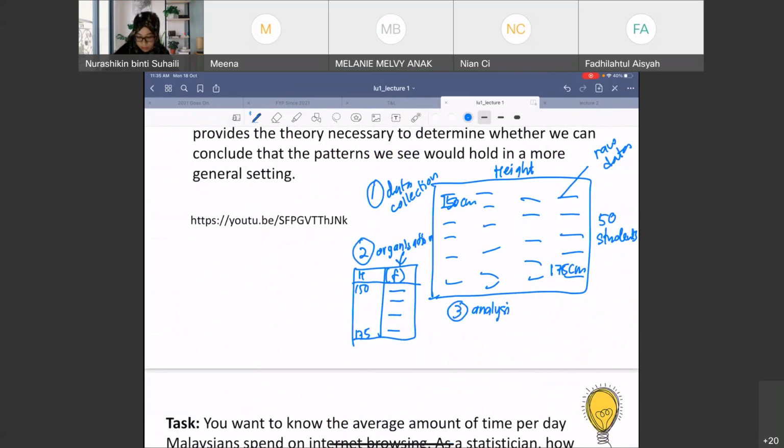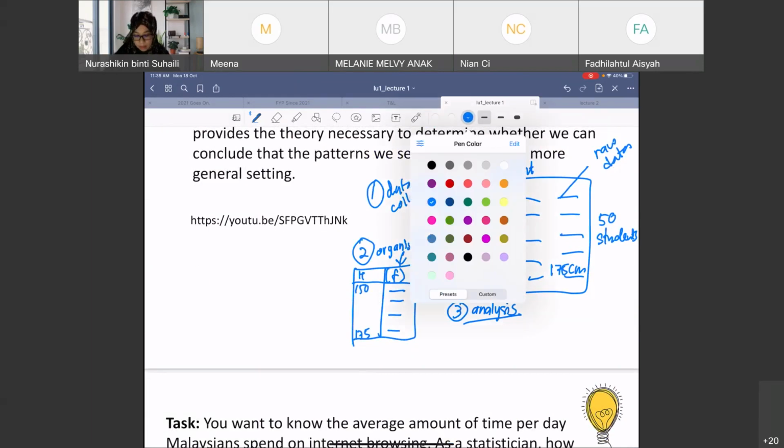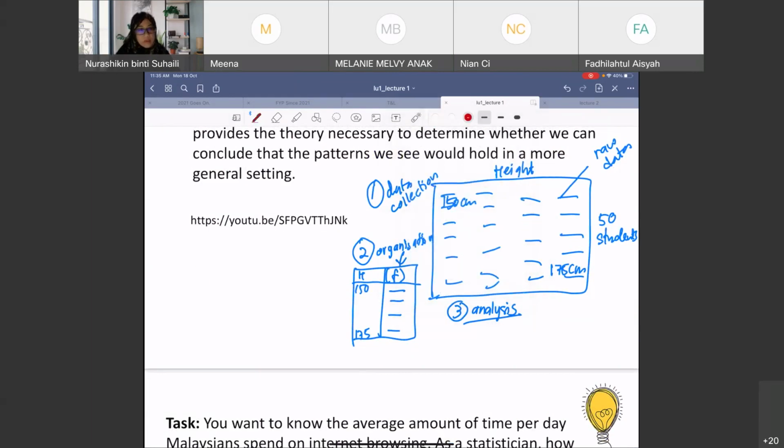What I mean by analysis is, I just give you a very simple example of statistical analysis. It's not just this. After this, we're going to have many types of analysis depending on the data. A simple analysis is the mean. Do you know what the mean or average is? I'm sure you know that. What is range?